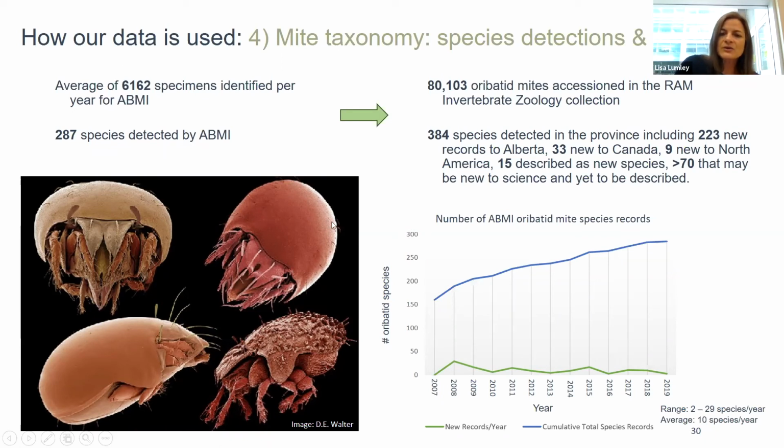All of these have been curated and accessioned into the Royal Alberta Museum Invertebrate Zoology collection. So there's over 80,000 from ABMI, as well as probably tens of thousands more from our own research and other research projects.